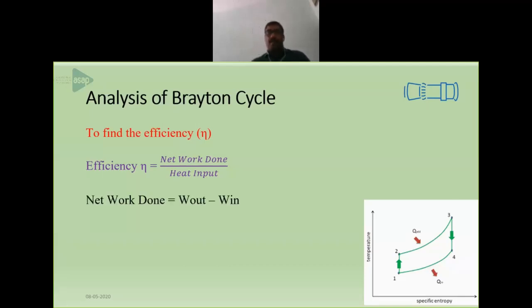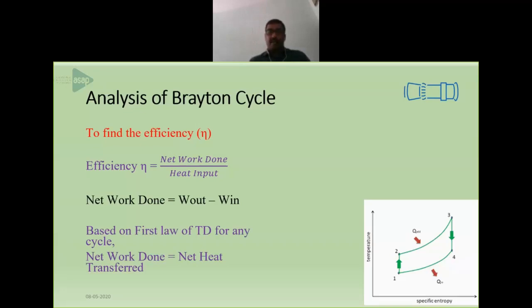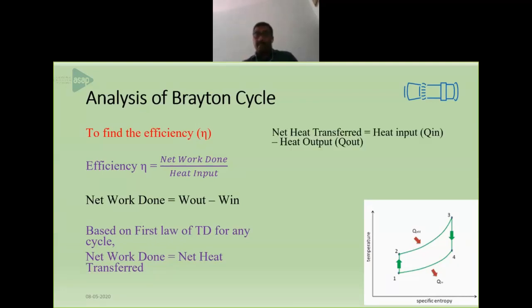Now, already I have mentioned what is net work done. Then, based on the first law of thermodynamics for any cycle, net work done is equal to net heat transferred. You have studied this as the first law applied to a cycle. Here you can see the net heat transferred is equal to heat input minus heat output, or Q in minus Q out. What is Q in?